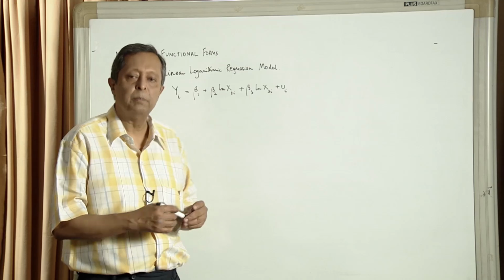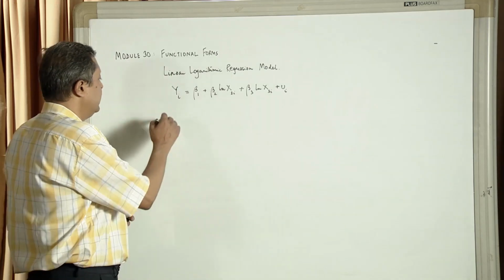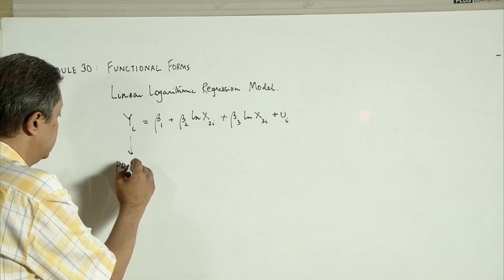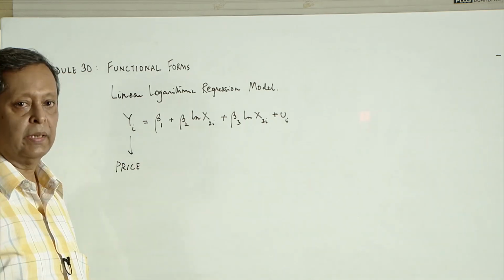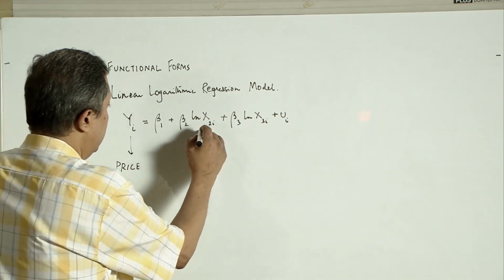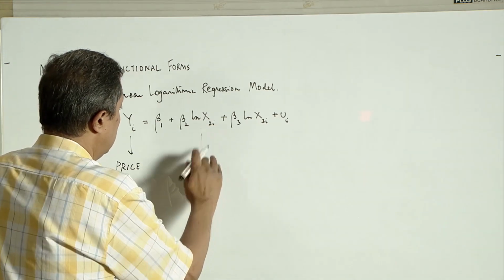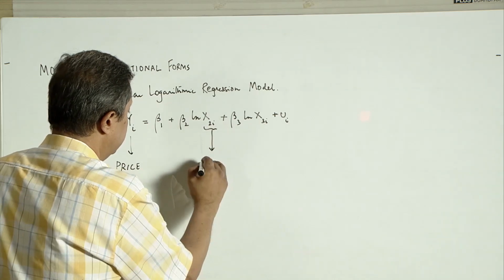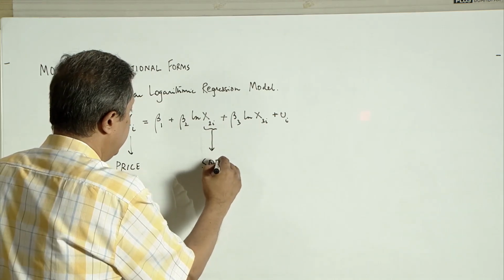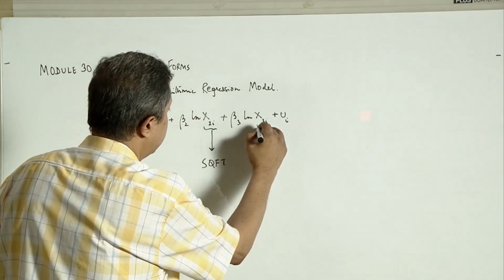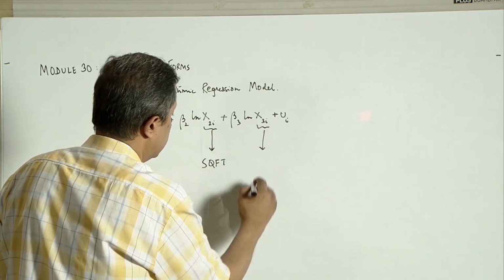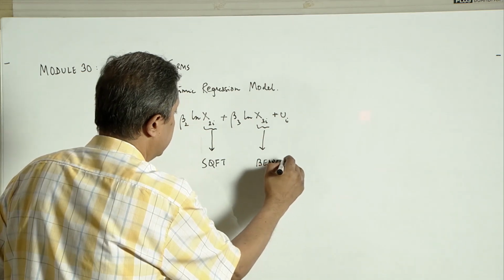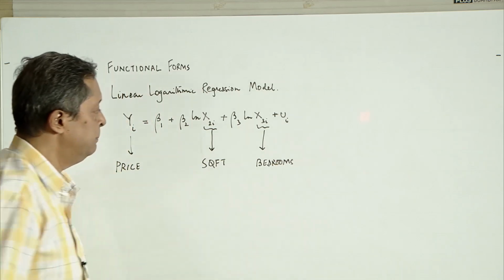So, let us take an example. Supposing y represents the price of apartments, x2 represents area in square feet and x3 represents the number of bedrooms in the apartment.